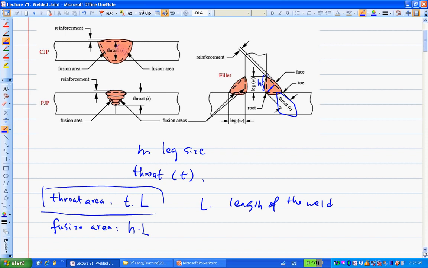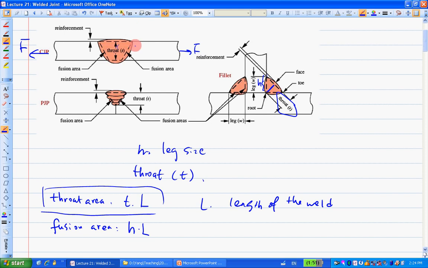For this particular case, let's say I have a force applied here. What will be the stress at this welded joint? How do we calculate it? We basically use F divided by the area, and that is the throat area.